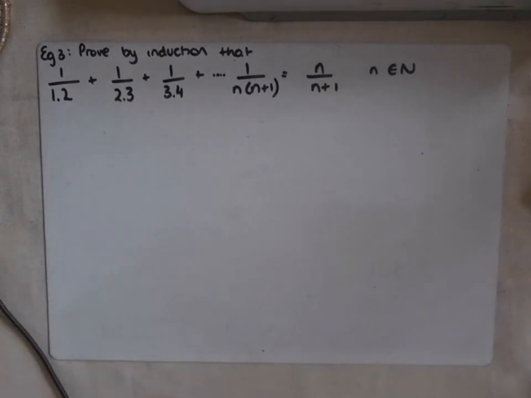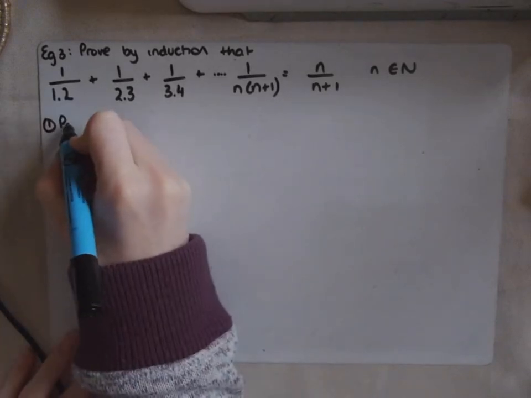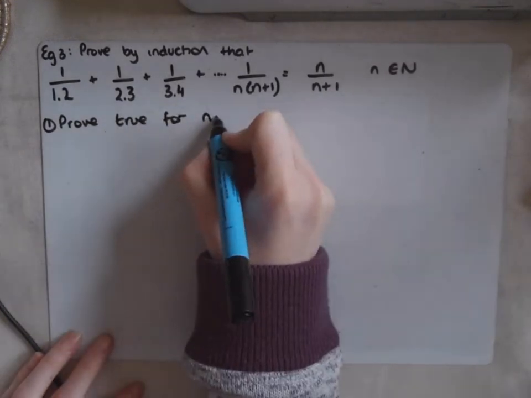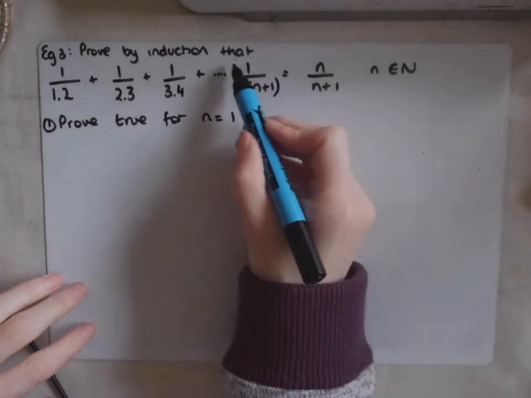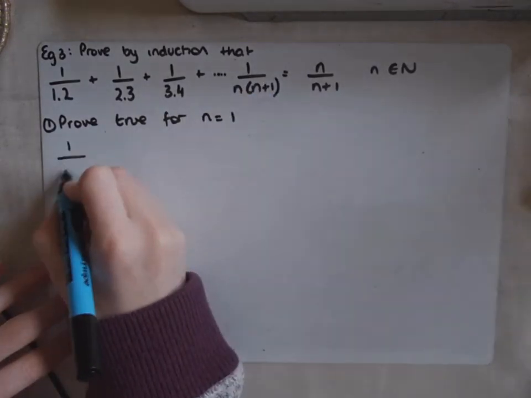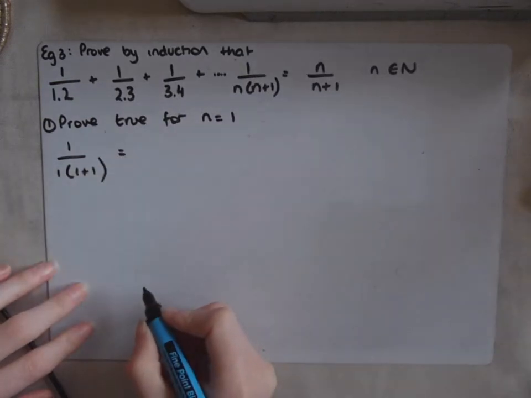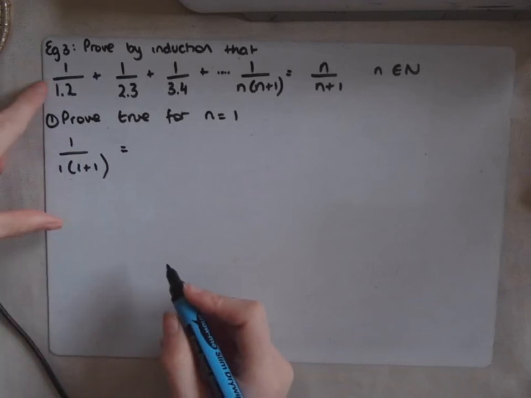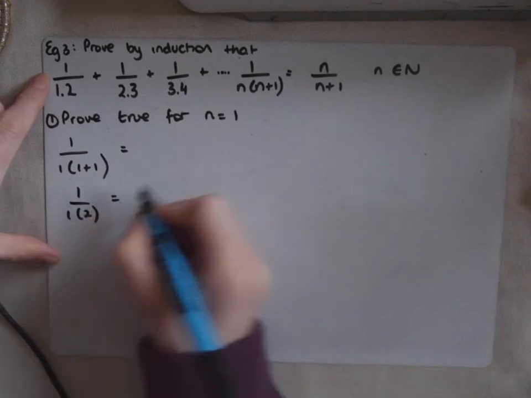So we need to follow our induction steps. Step 1: prove true for n equals 1. So all that means is, instead of this, I'm filling in 1 over 1 plus 1, which I know you're going to end up with 1 by 2.